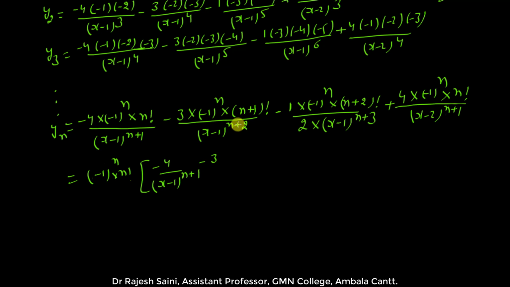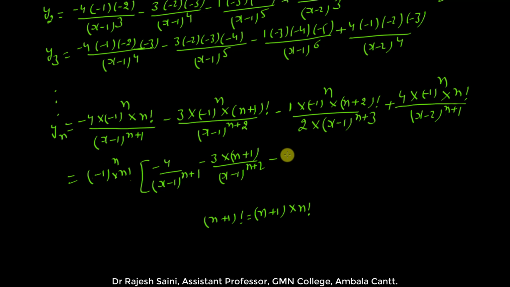This will go out. n plus 1 is divided by x minus 1 raised to the power n plus 2. Because we know that n plus 1 factorial can be written as n plus 1 into n factorial. So n factorial is common.